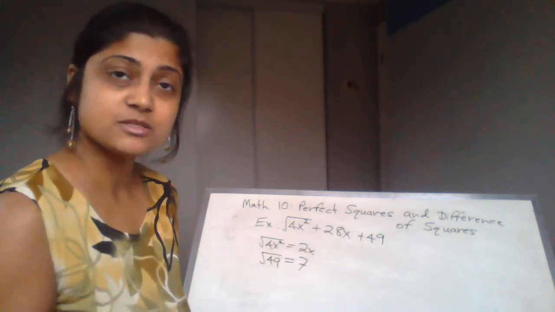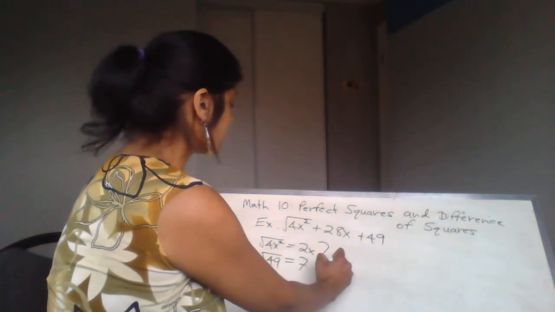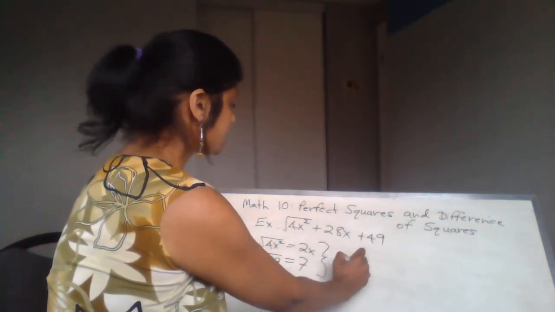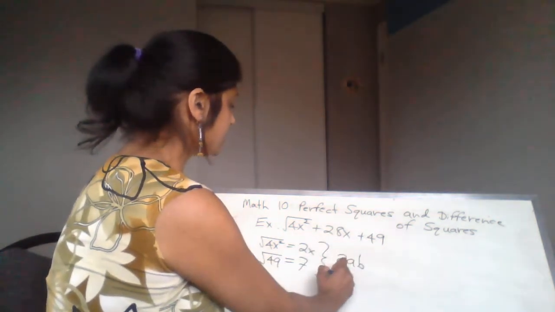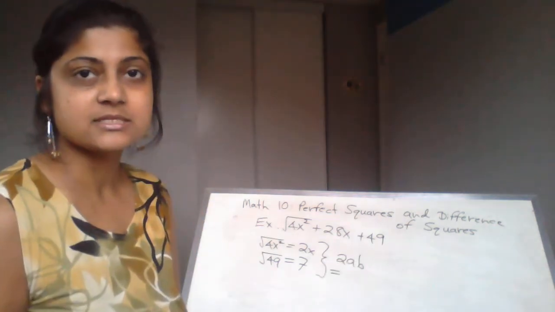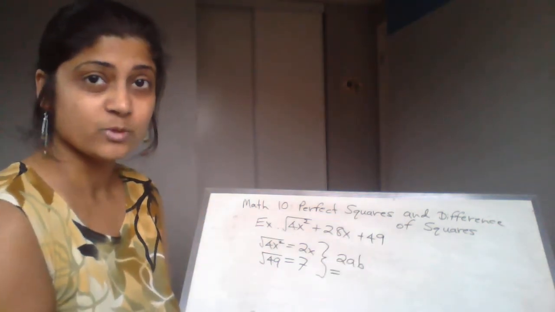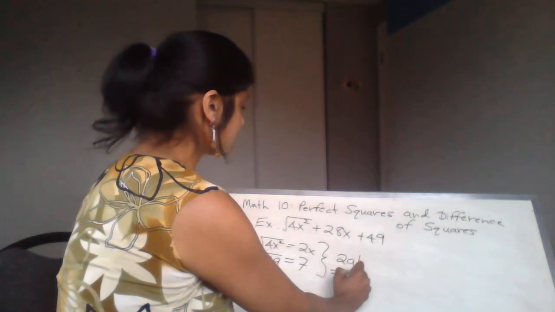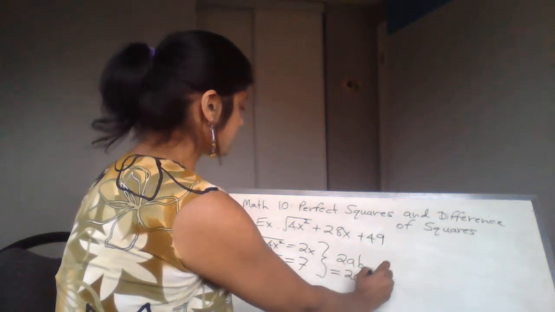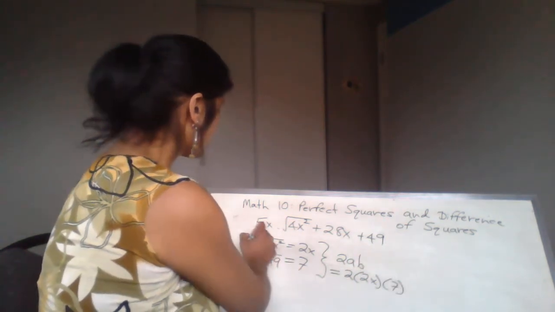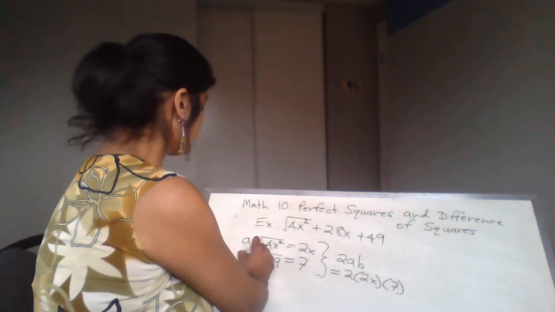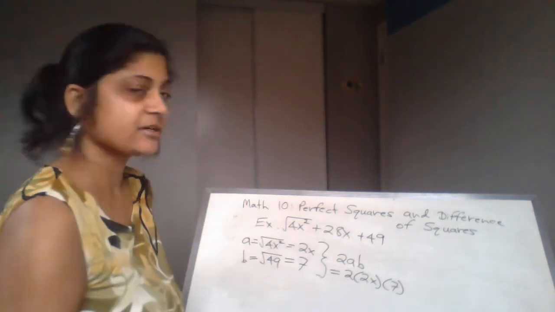Then I'm going to plug these values into the 2ab, and this actually represents the central term within this equation. So you're going to do 2 times 2x times 7. This is the value of a, and this is the value of b.